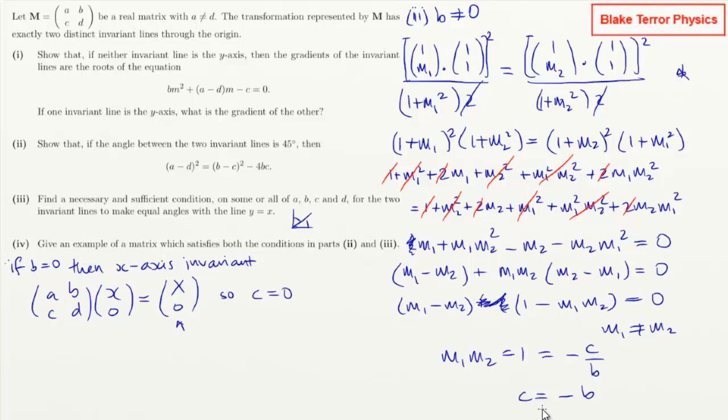I'm not certain this is right, but the way I'm reading necessary and sufficient is that if we've got this relationship between B and C, then we will have these two invariant lines making equal angles with y equals x. But there may be other relationships between A, B, C, and D that also produce that same equal angle outcome. It's not incumbent on us to find what those might be.